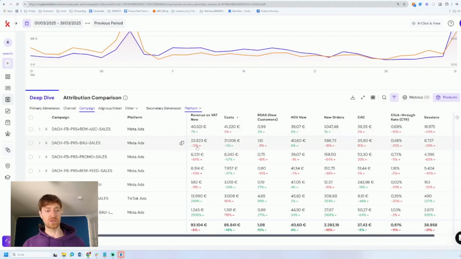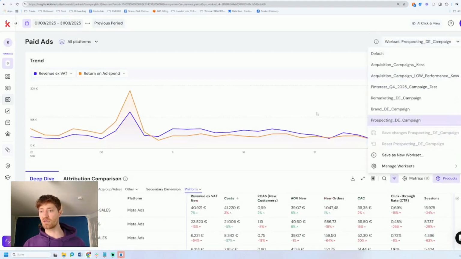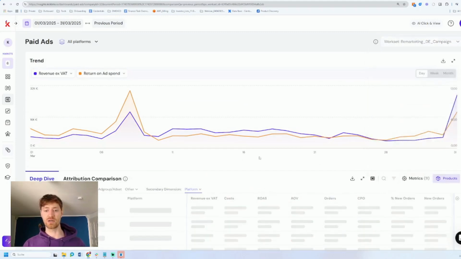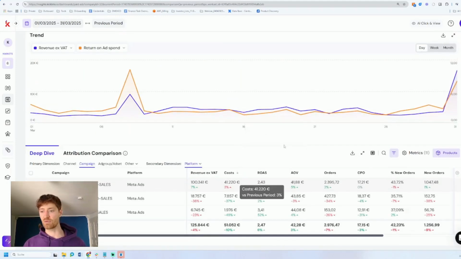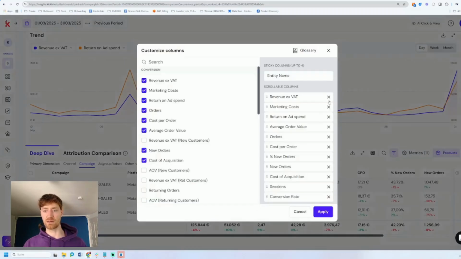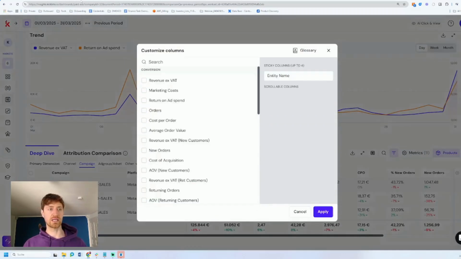So we go over the same logic. We will select those views that we have built before. Remarketing, let's start with that one. We go over the metrics tab, and here we select all of our customer focused metrics.